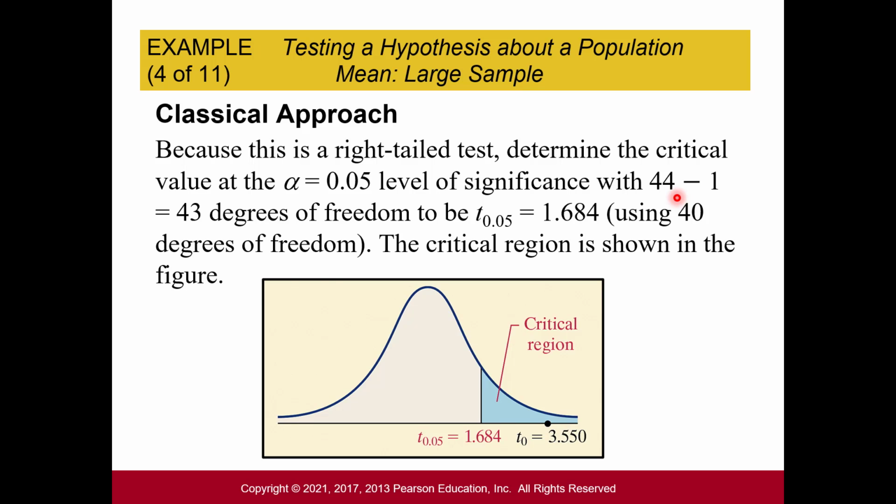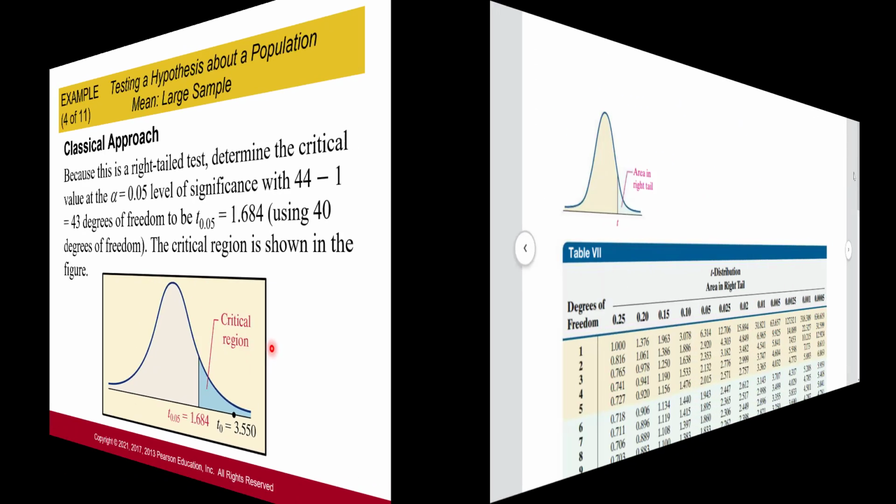So we were told that we have a sample size of 44, so the degrees of freedom is always n minus 1, so that's why it's 43 degrees of freedom. And so t sub 0.05 is going to be 1.684, and this is actually using 40 degrees of freedom from our table. And so let me show you on the table how we got that value.